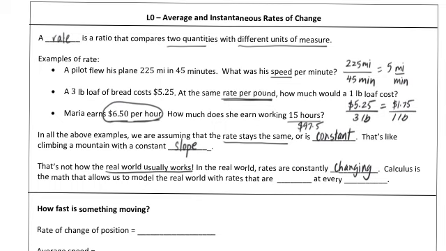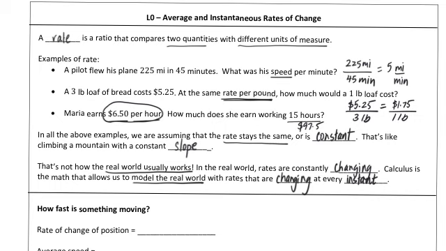So calculus is the math that allows us to move from this constant rate situation to a changing rate situation. Calculus is the math that allows us to model the real world with rates that are changing every instant. So that's a very brief intro to what the entire field of calculus is about.